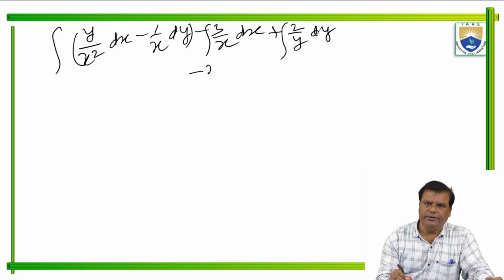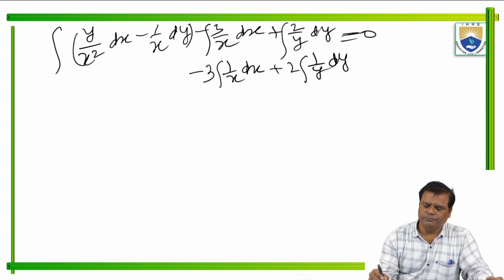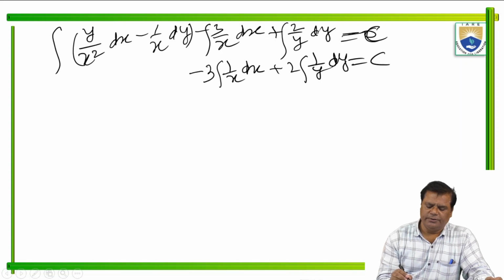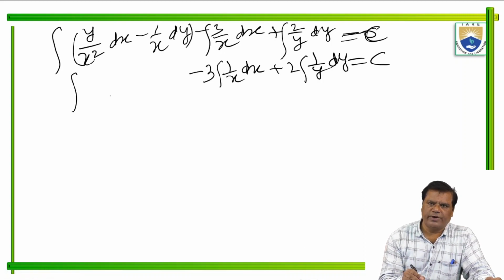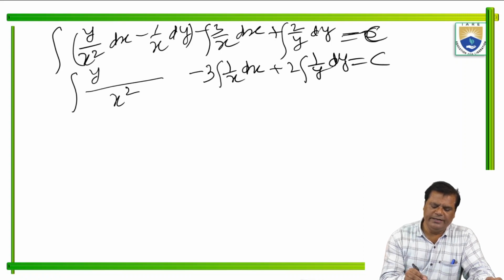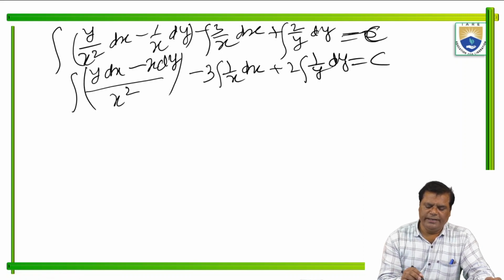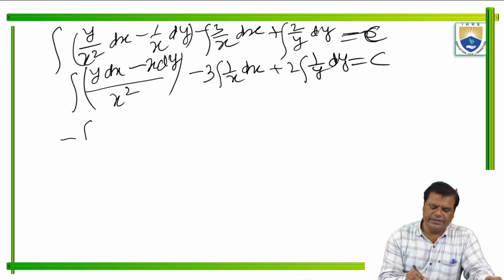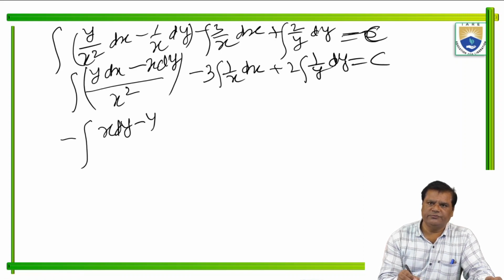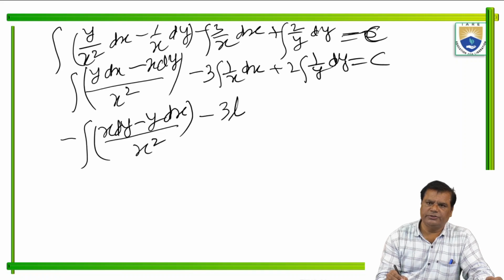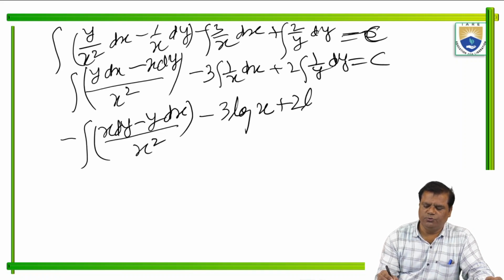So minus 3 integrating 1 upon x dx and plus 2 integrating 1 upon y dy equals a constant. Here the integration is of (y dx minus x dy) upon x square. So the result is, taking common, minus (x dy minus y dx) upon x square, and minus 3 log x plus 2 log y equals, taking the constant, log c.